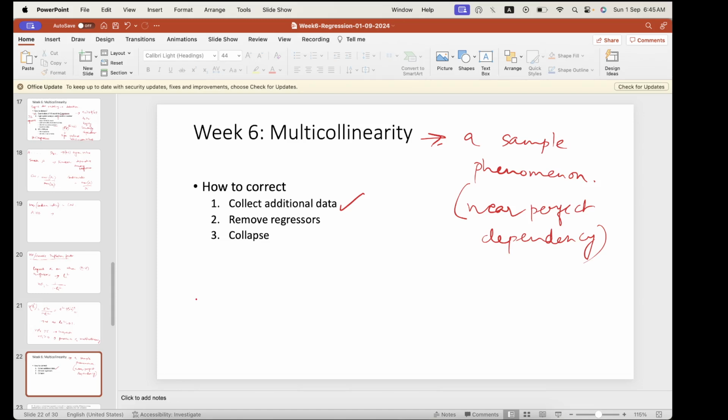So one way to address this is to collect additional data, so that this will actually break the existing multicollinearity.